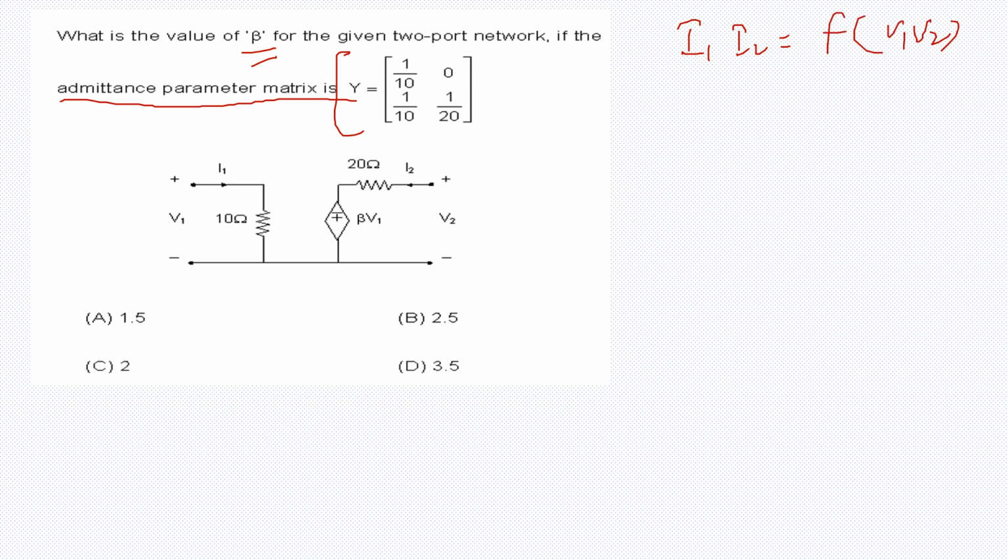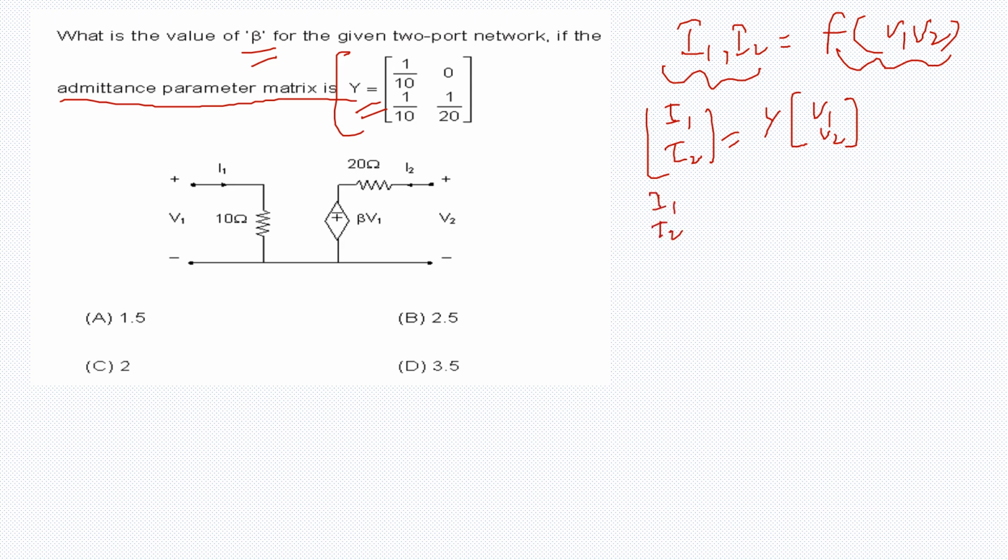So I1 and I2 will be related to V1 and V2 by this matrix Y. In matrix form I can write it as [I1 I2] equal to Y into [V1 V2], or [I1 I2] is simply this Y, [1/10 0; 1/10 1/20], times [V1 V2]. So this is known to me now.